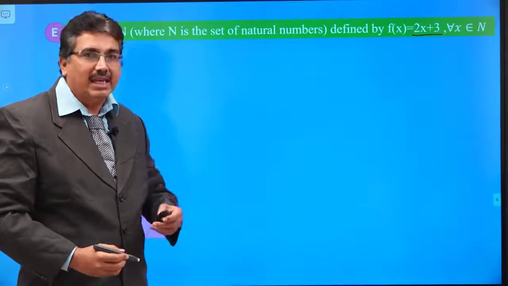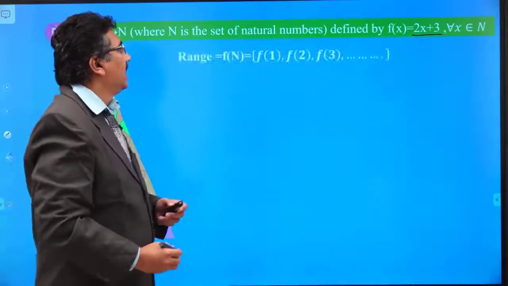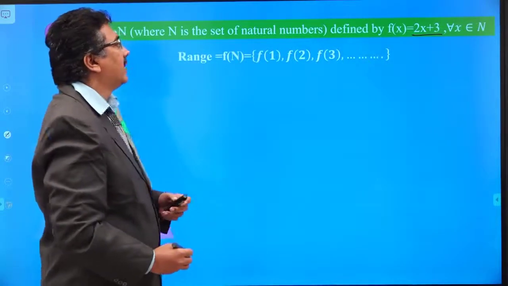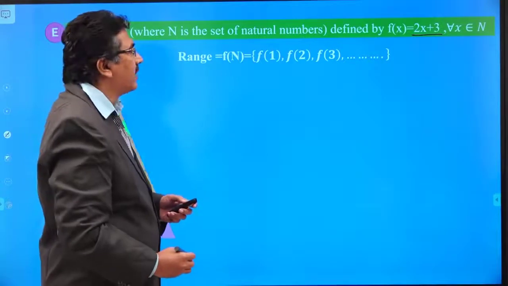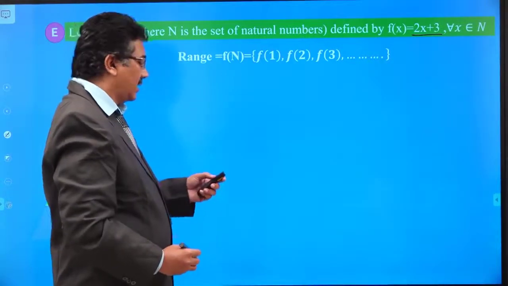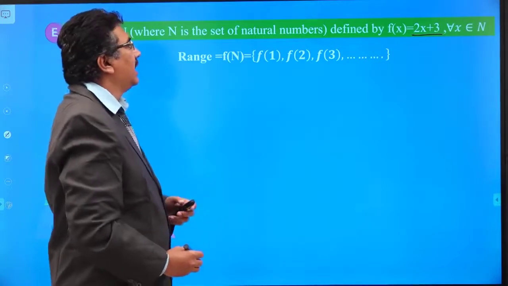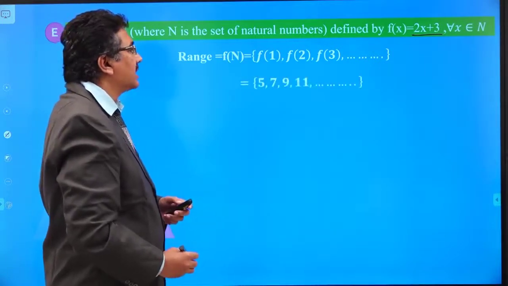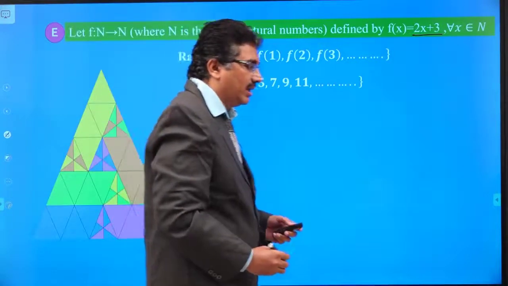For that, range is equal to f of N, that is equal to f of 1, f of 2, f of 3 and so on. That is equal to the set containing 5, 7, 9, 11 and so on.